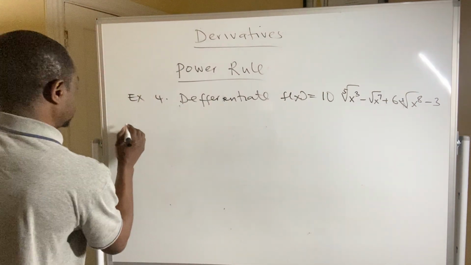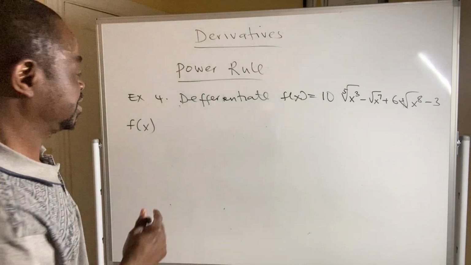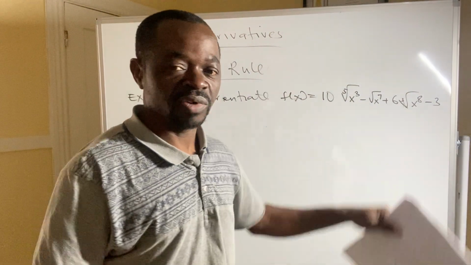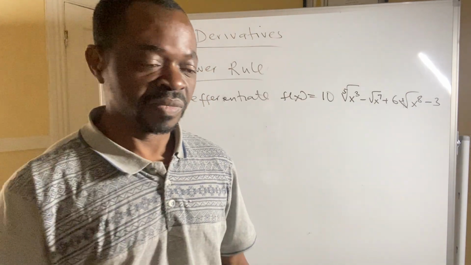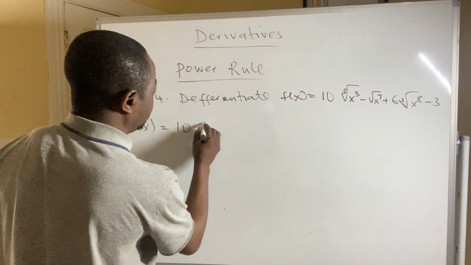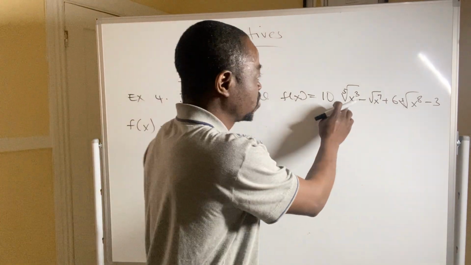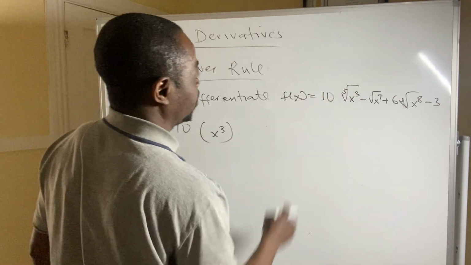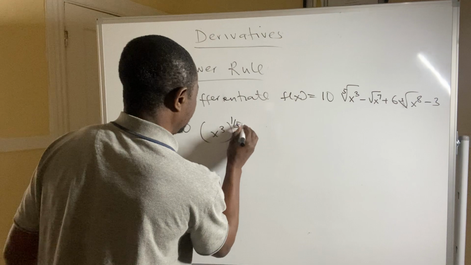All right, so f of x is equal to, so we have root signs, so we have to convert them into powers before we can deal with them. So we have 10 into brackets, this is a fifth root, so you can put x raised to the power 3 over 1/5, the fifth root is the same thing as 1/5.